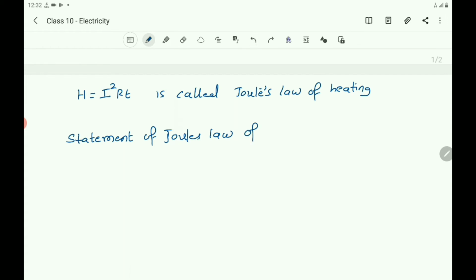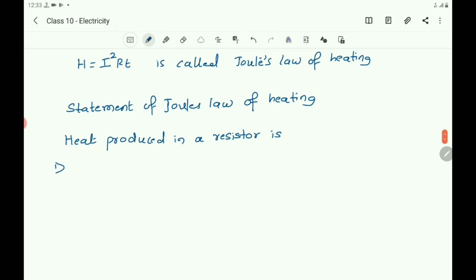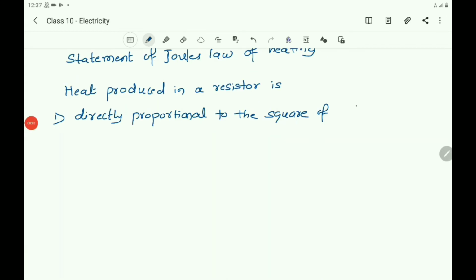Joule's law of heating says that heat produced in a resistor is, first, directly proportional to the square of current for a given resistance.